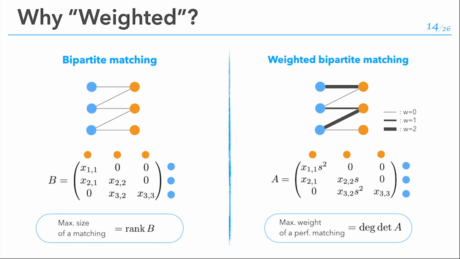Then, it is also known that the maximum weight of a perfect matching of this bipartite graph is equal to the degree in s of the determinant of A. So, in this sense, the computation of the degree of the determinant of a polynomial matrix corresponds to a weighted version of the Edmonds problem.